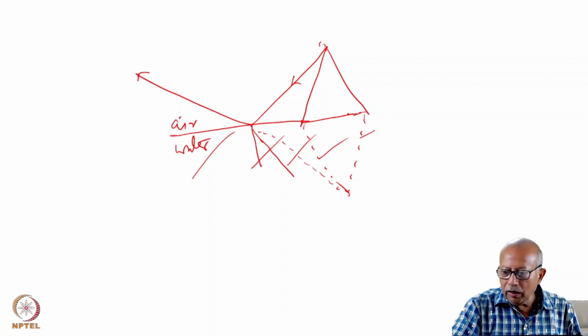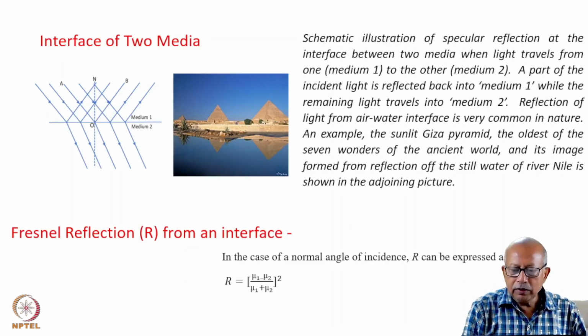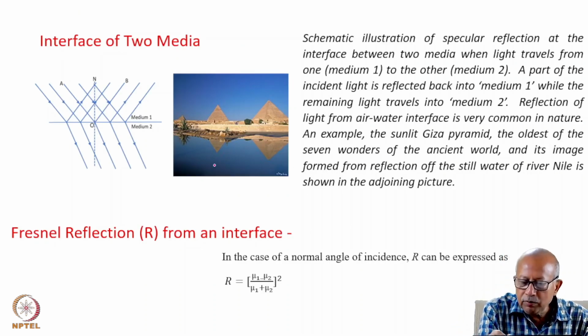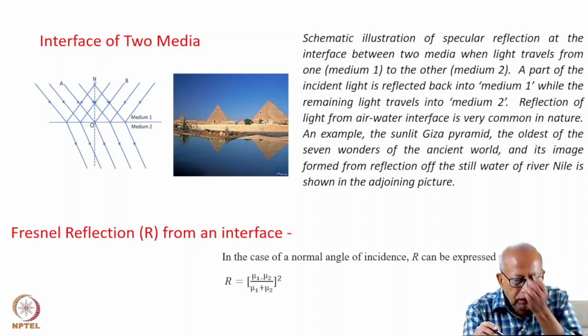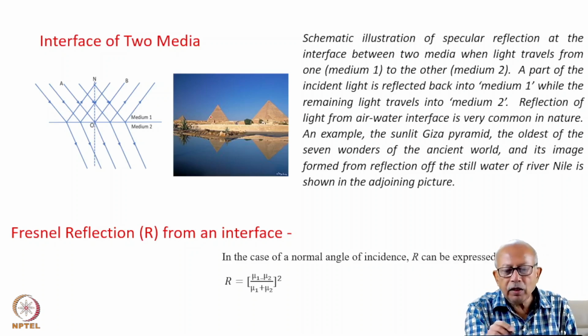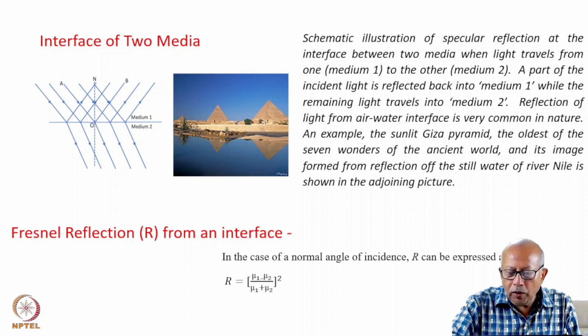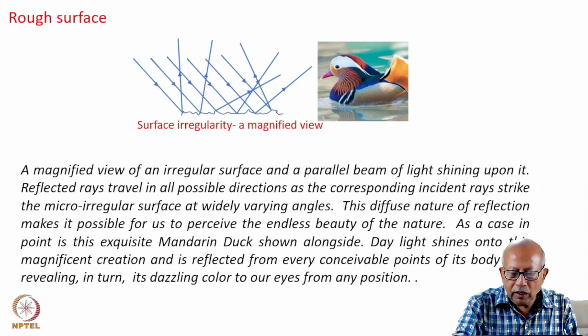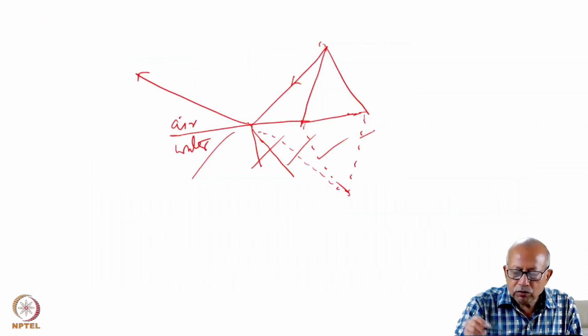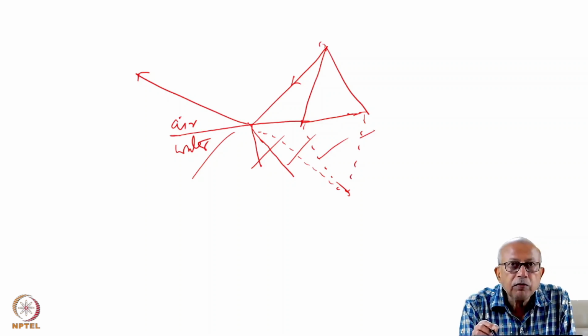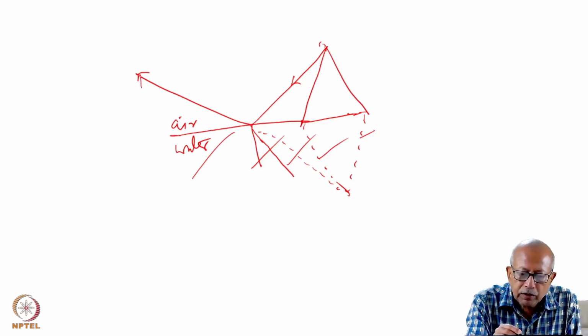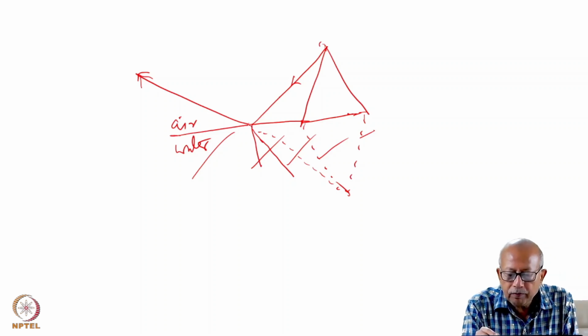Now you can clearly see that the intensity of this image is much less intense compared to the actual intensity, brightness of this sunlit pyramid. That is simply because when the sunlight falls on the air-water interface, only a part of the light is actually reflected into the air to reach our eye.